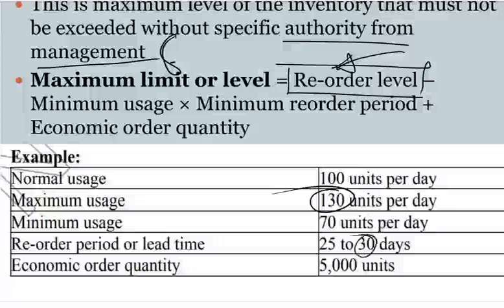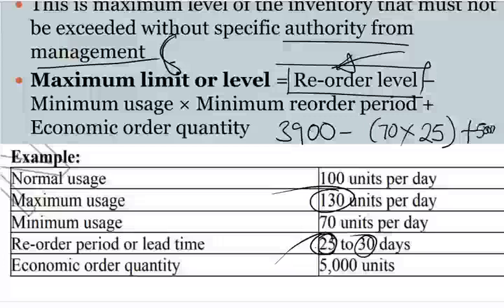So we found that the reorder point is 3,900 if you multiply. So we're saying minus minimum usage. What's the minimum usage? 70, right? Times minimum reorder period. In this case, the minimum reorder period is 25, plus economic order quantity. They just give us 5,000.